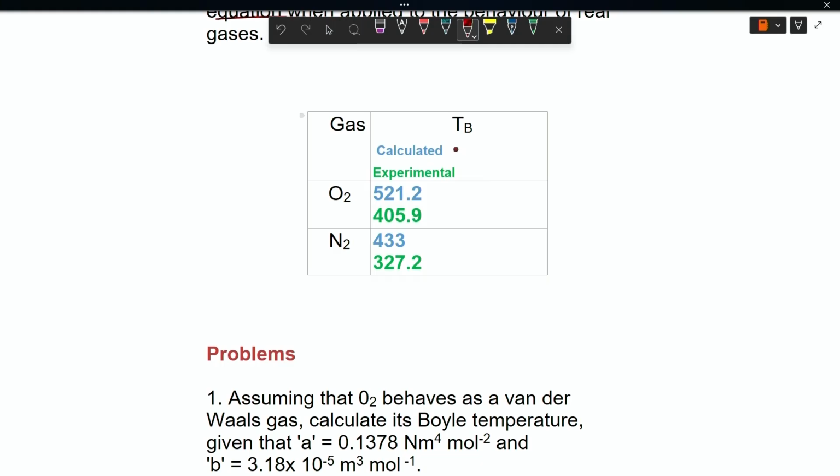Calculated values I have shown in blue color and the experimental values in green color, and comparing that, you can see that the calculated value is 521.2, while in the case of the experimental one it is only 405.9. In case of nitrogen it is 433 and the experimentally determined value is 327.2. So, again van der Waals equation is not a perfect solution for real gases.